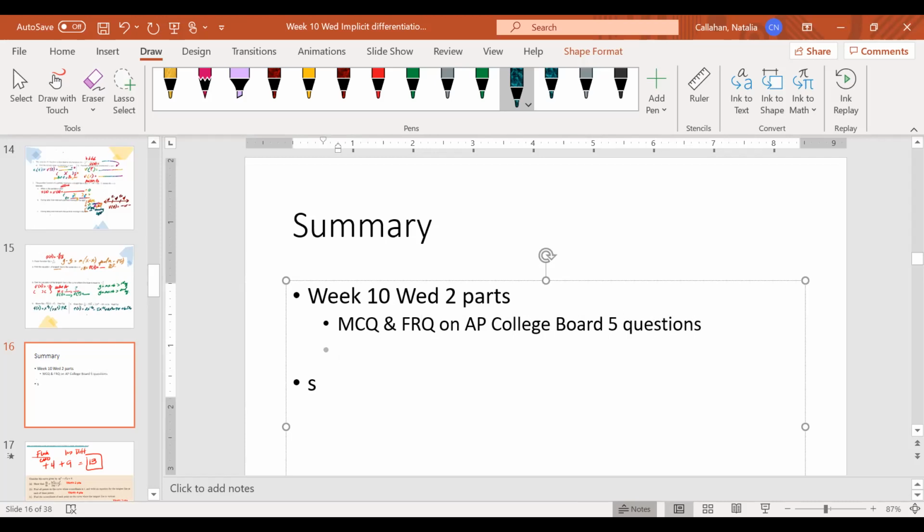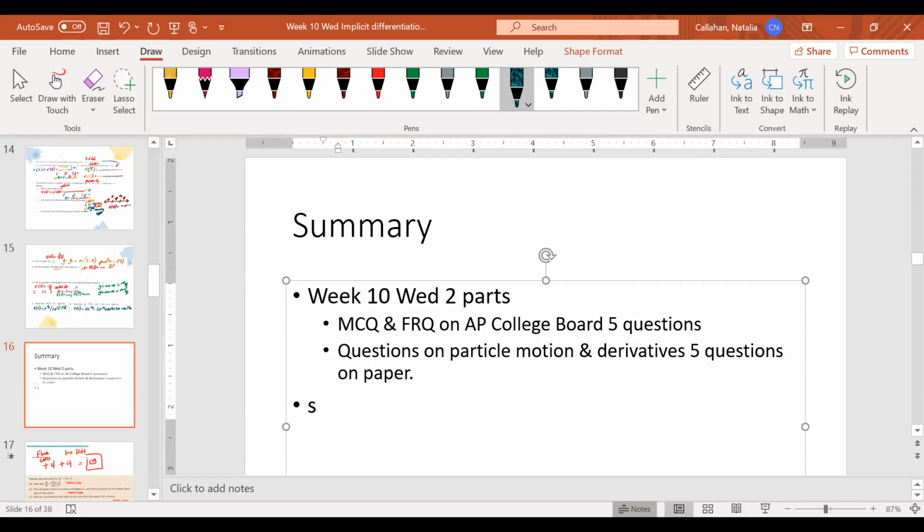Your second part is questions on particle motion and derivatives, and it is 5 questions on paper. So altogether 10 questions total. This is due on week 11, Tuesday, and I shouldn't say midnight, I should say 11 p.m., because you shouldn't be working up to midnight. I could say 8 p.m., but let's just push it to 11.